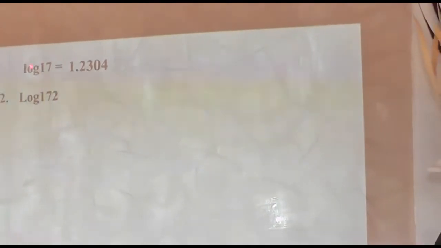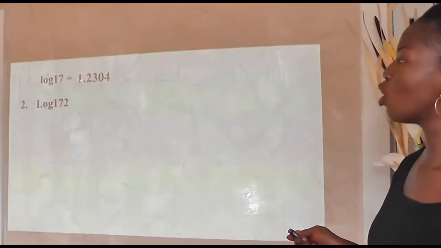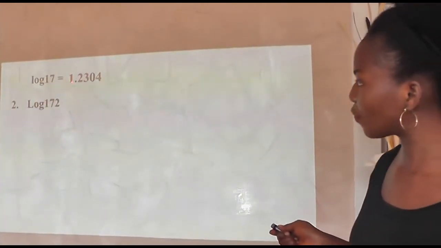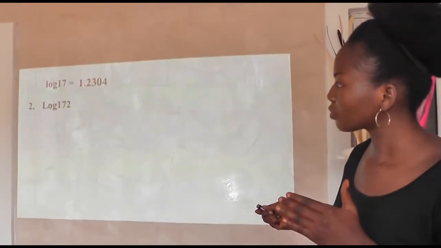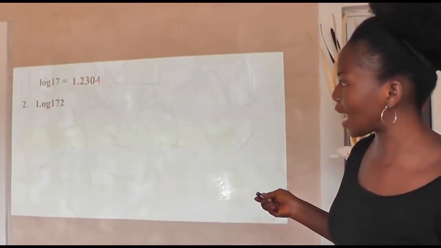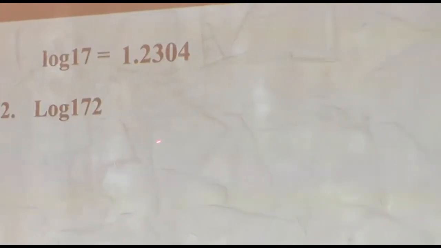So it's as simple as that. The table is there to help and guide us. The question was log 17, right? And I told you for every logarithm there are two parts. This is the first part, which is the whole part, the whole numbers. It is called the characteristics. Then this decimal part is called the mantissa. The decimal part is what we use the logarithm table to find.